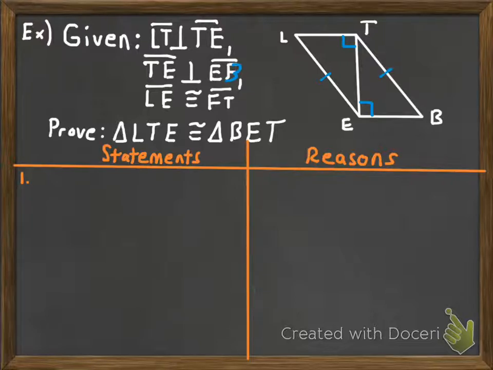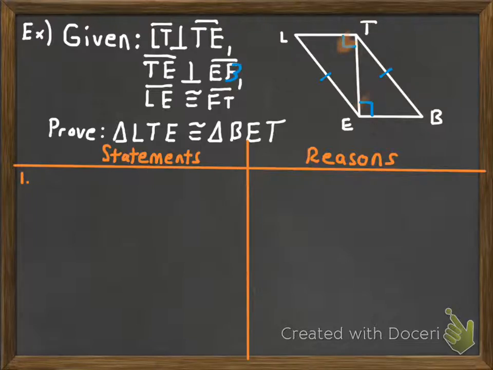Now, does that give us a pair of congruent triangles? Well, it does if you also include one more thing. You're getting used to this by now, I hope as well. By the reflexive property, these two triangles have segment ET that is the same length. So we'll have a hypotenuse-leg situation. We've got right triangles, right?